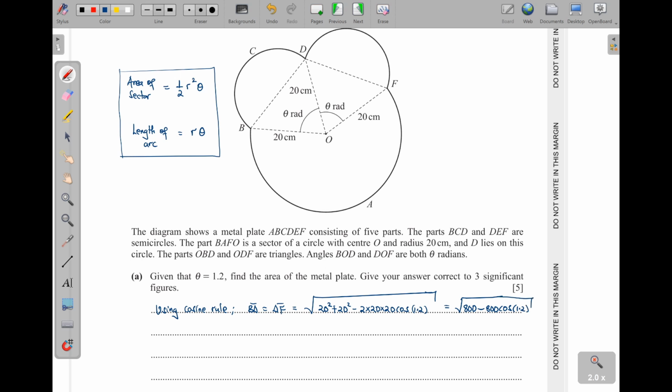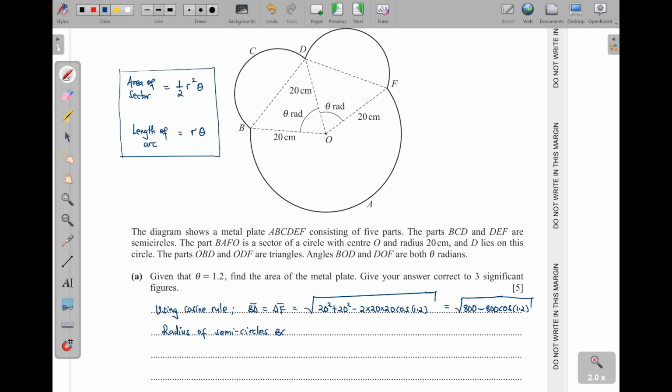So that means, of course, that is going to be the diameter. So what will then be the radius of the semicircles? Which semicircles, by the way?